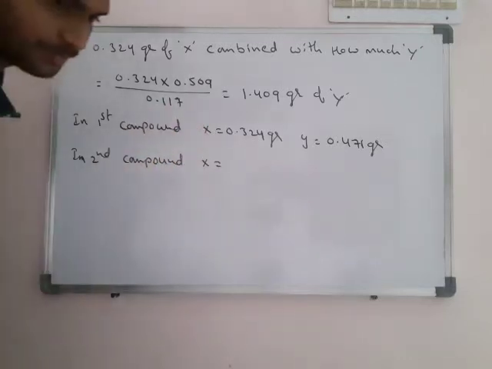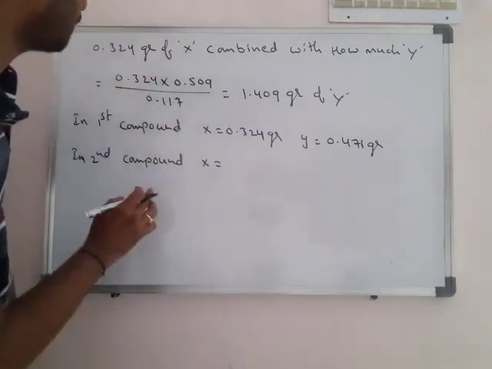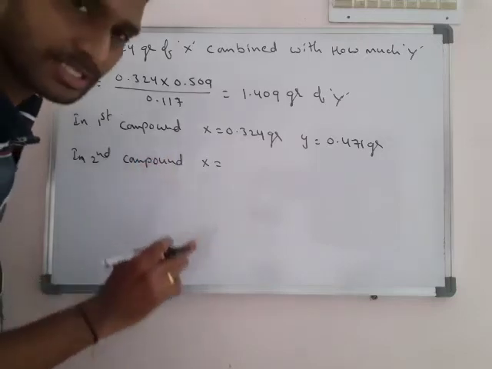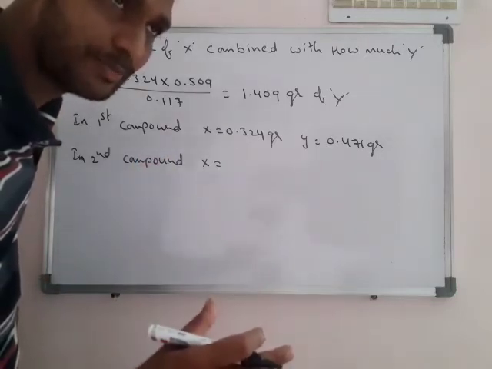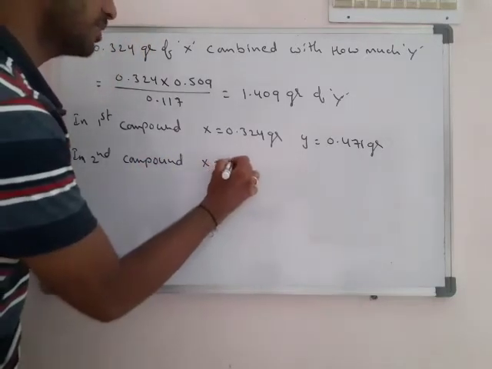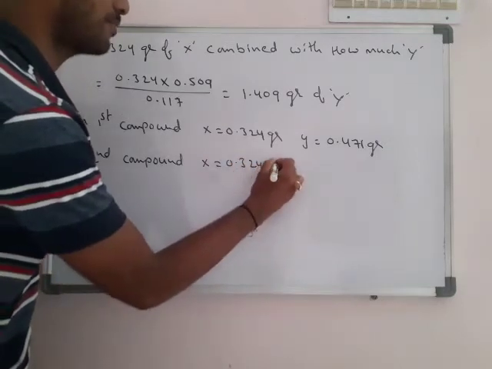again x equals, వాడు ఇచ్చింది మనకి సెకండ్ కాంపౌండ్లో 0.117 ఇచ్చింది, కానీ మనం ఫిక్స్డ్ అమౌంట్ కాబట్టి ఎక్స్ ఫిక్స్డ్ తీసుకున్నాం కాబట్టి 0.324 grams తీసుకుందాం.